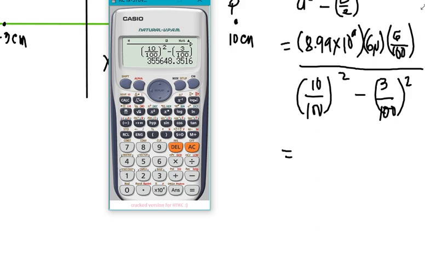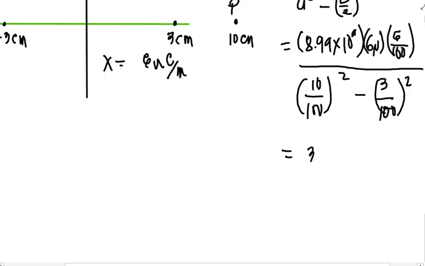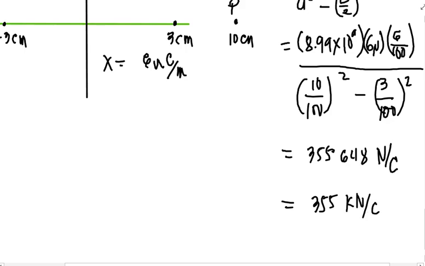Okay, we have 355,648 Newton per coulomb, or about 355 kilonewton per coulomb.